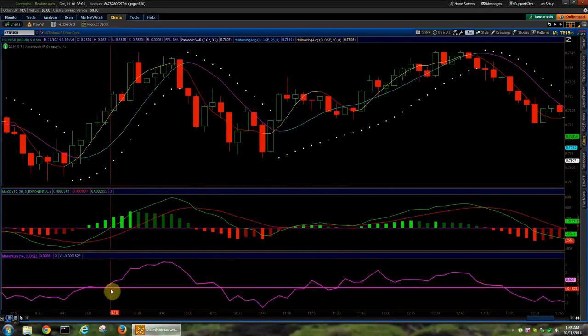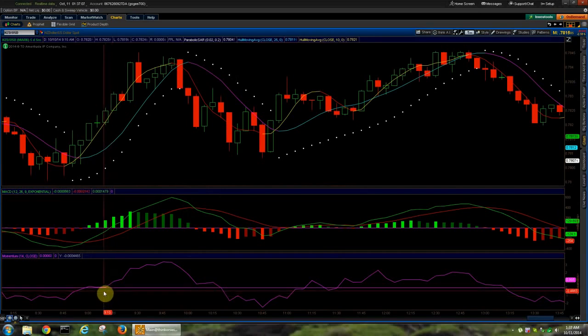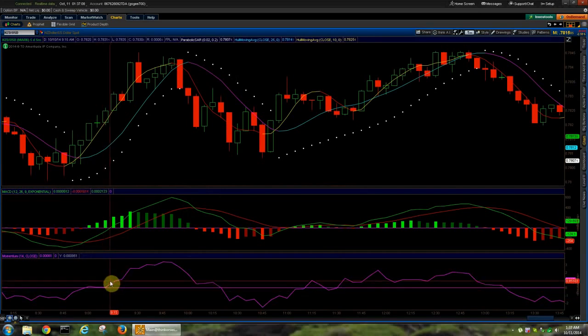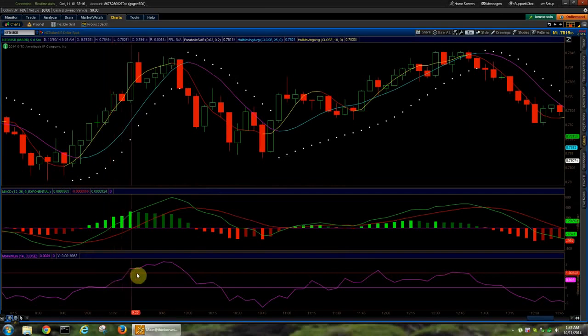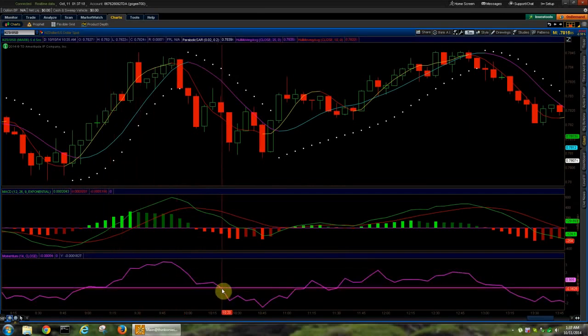Down here you have the momentum indicator, and what you're looking for is ideally on a call, you'd like to see this above zero and pointing up, although it doesn't always have to be above zero. And for a put, you'd like to see it pointing down and below zero.